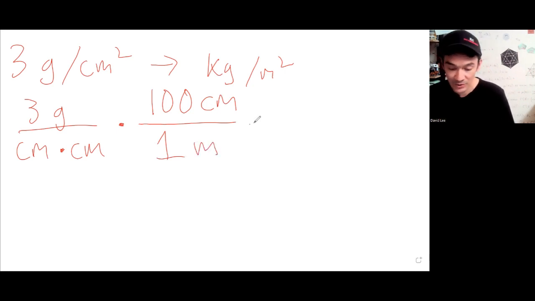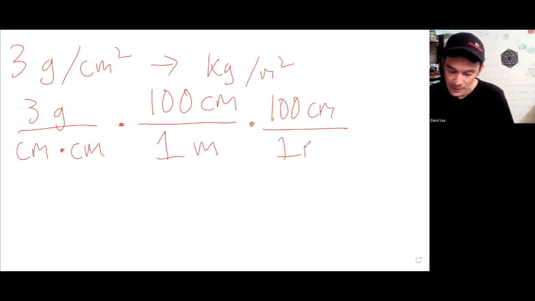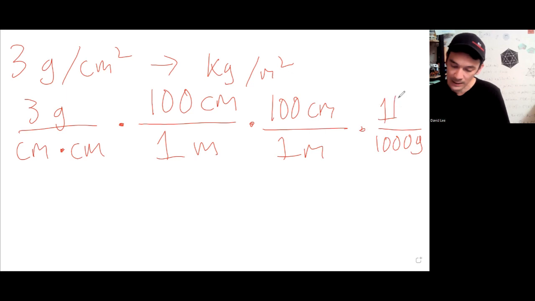And I'm actually going to do this twice, because I need 2 cm to knock out the cm in the bottom. And now gram to kilogram, we know that it's 1,000 grams to make 1 kilogram. And now the fun part, when things cancel. Centimeter, centimeter, centimeter, centimeter. What else? Gram knocks out gram.